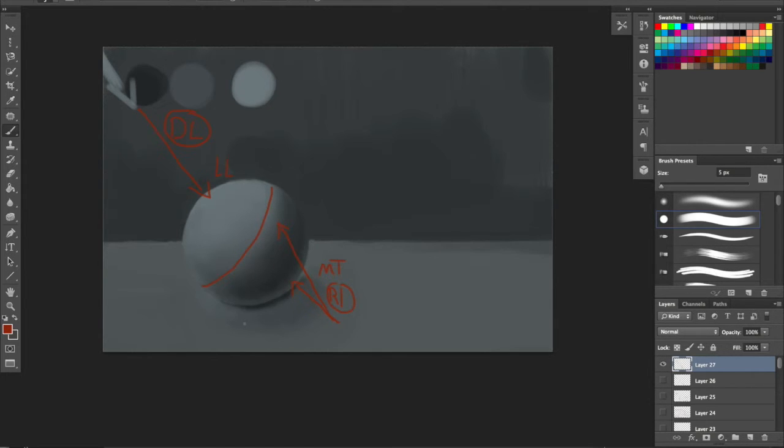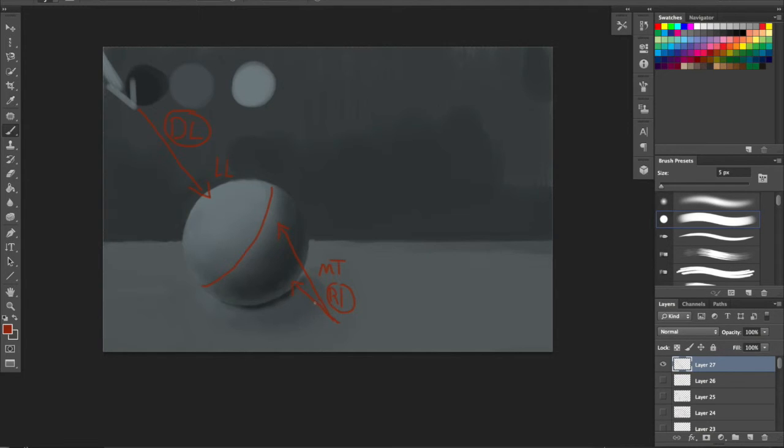Finally, we have our darkest darks. And your darkest darks are generally going to be in the core shadow. There will also be a lot of darks in the cast shadow, but on your object, generally speaking, the darkest darks can be found in the core shadow. And the cool thing about the core shadow, if you're ever wondering where it will be, it will always be indicated by your reflected light.